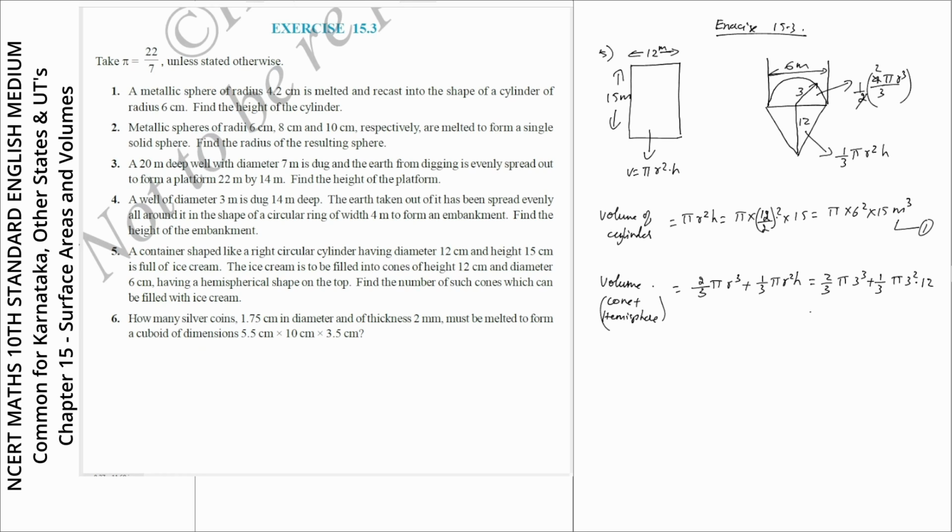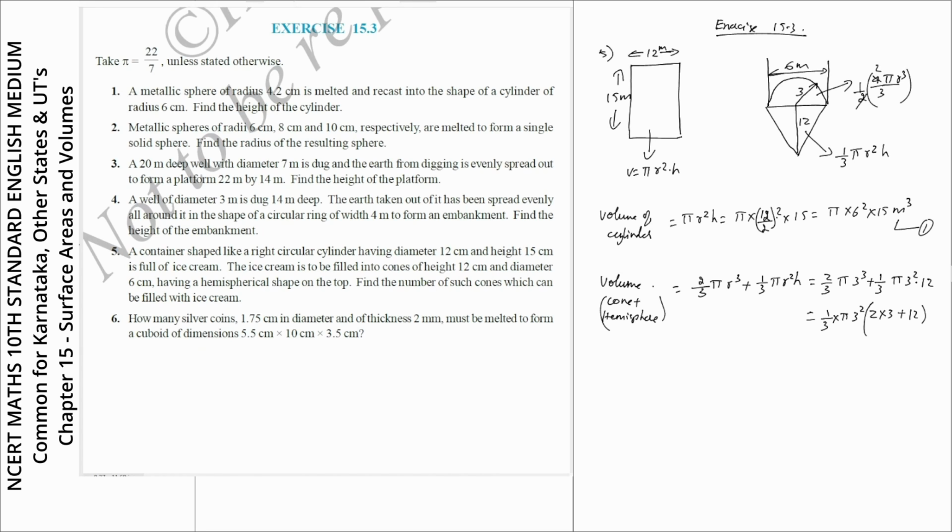So here what all can I take common? I can take 1 by 3 common, I can take pi common, and also I can take 3 square common. Without taking it also you can do it, but if I take it, it will be very easy for me to calculate. So in the first term I will be left with 2 into 3, and in the second term I will be left with 12.